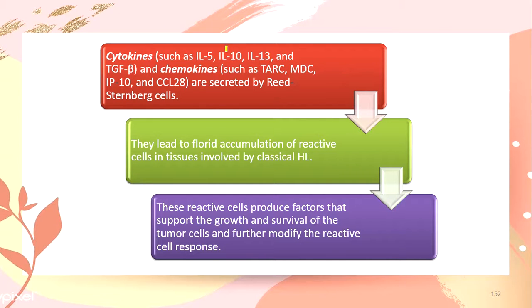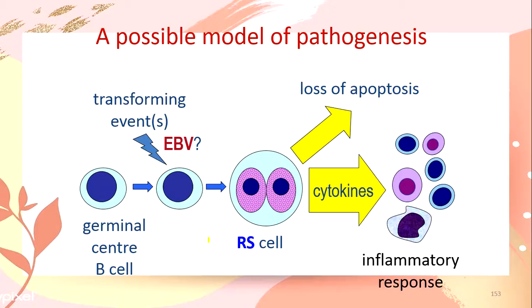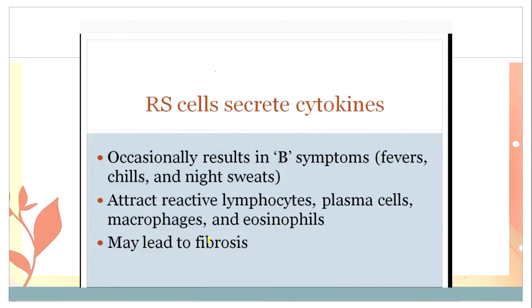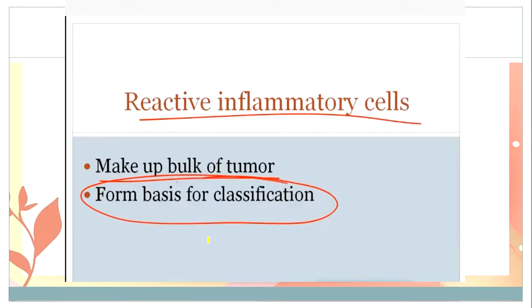The cytokines produced are interleukin 5, 10, 13, transforming growth factor beta, and chemokines. They are secreted by RS cells, which leads to accumulation of reactive cells. Then the reactive cells produce factors which support the growth and survival of tumor cells and modify the reactive cell response. The reactive cells form the basis for classification into various categories.